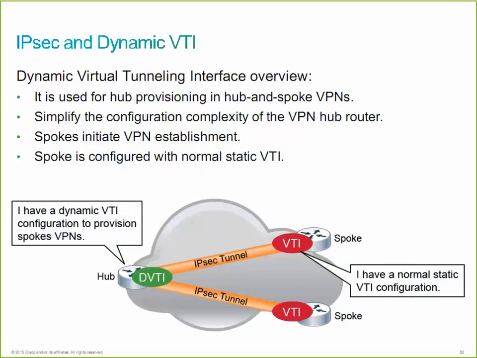So what is a dynamic virtual tunnel interface? And how does that allow me to create this scalable hub and spoke configuration? Think of a dynamic VTI configuration much like you would see multipoint GRE configurations. We have a single dynamic virtual tunnel interface that allows me to create multiple spoke site-to-site remote access connectivity for my spoke locations.